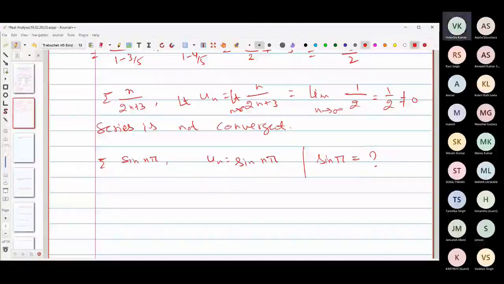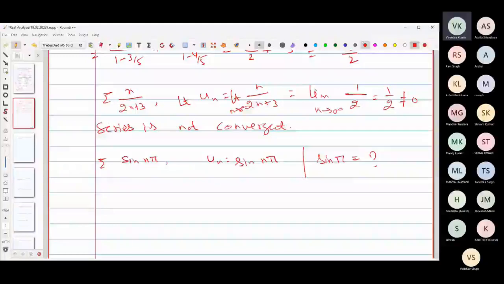But on the other hand, if you see this, sine n pi by 2, the last part of question number 2. Not all terms are 0. When n is 0, this value becomes 0. When n is 1, this becomes 1.